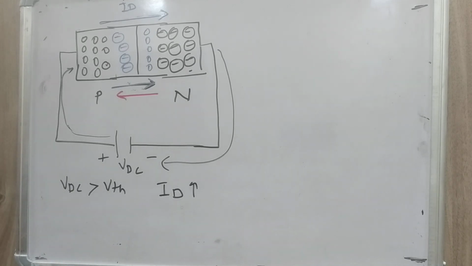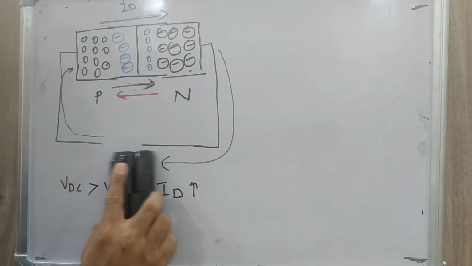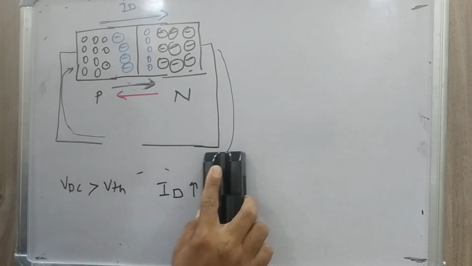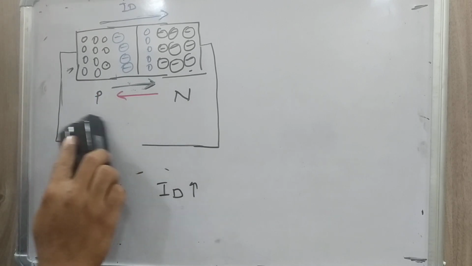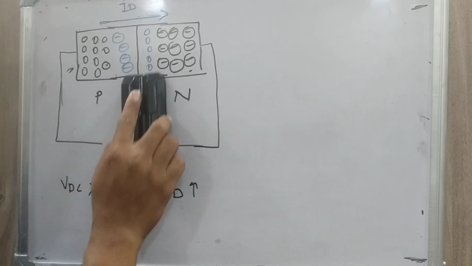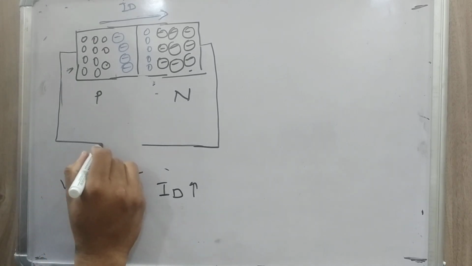So now we will see what happens when we suddenly reverse bias this forward conducting diode. When we say reverse bias, we reverse the polarity. So first I will just remove this. Okay, so I will apply the reverse bias.